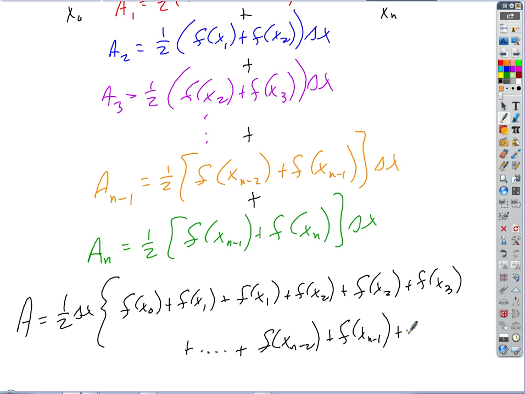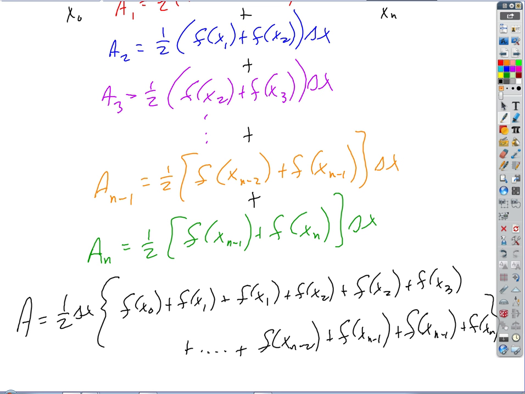And then the last one was f of x sub n minus 1 plus f of x sub n. What pattern do you see there? Besides the first and the last term, you repeat everything twice. Everybody see that? Every single one of those values is double counted except the first and the last, right?